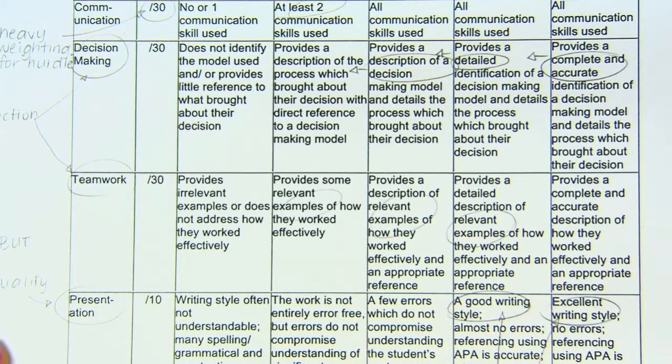I want to point out a common error when writing descriptors, and that is the use of similar or the same qualities of the work all the way through to describe the different levels. You can see in this particular line here, teamwork, that at the top level the student appears not to have had to use examples.